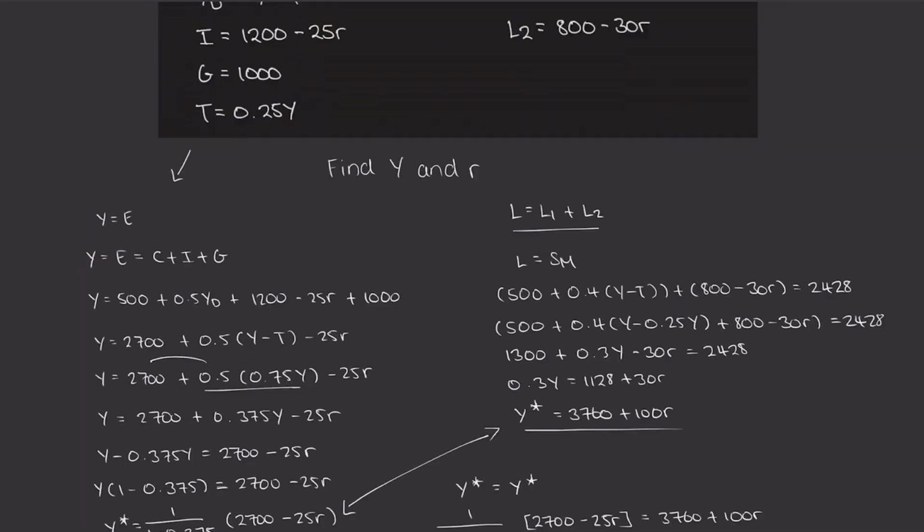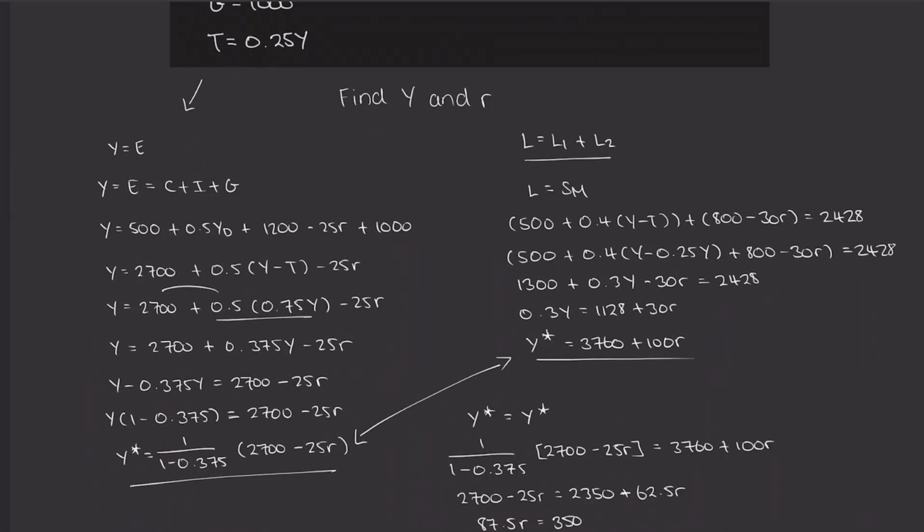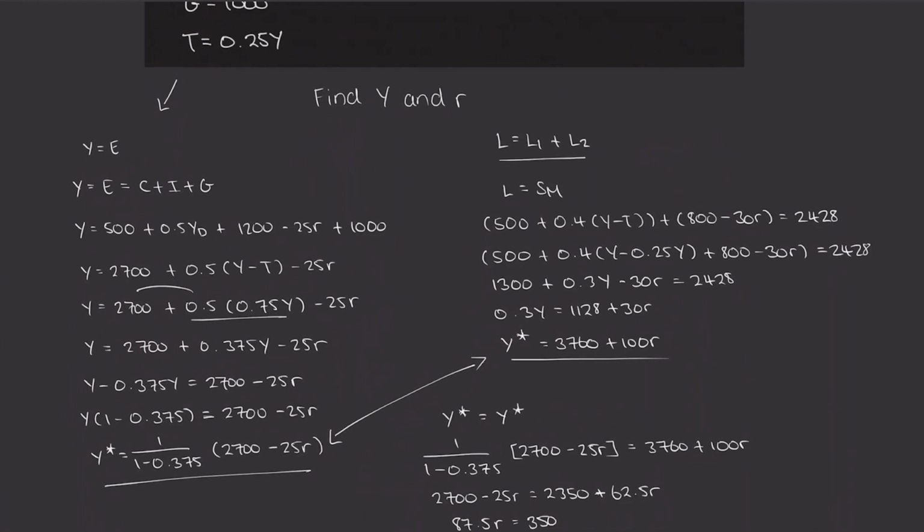And then you have your money market, which is basically the same thing as supply equals demand, but just the demand for money and the supply of money, set them equal to each other algebraically, solve for y star. In another case or another method, you may set it equal to r and solve for y first, and then substitute back and get r.